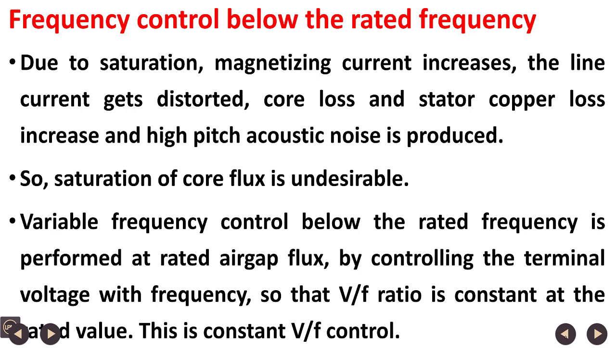So, for the speed control below the rated speed, when the frequency is reduced below the rated frequency, air gap flux is maintained constant at the rated value, and this is done by controlling the voltage, so that the V by F ratio is constant. If V by F ratio is constant, then phi is constant, and that phi constant is rated flux. So, this is constant V by F control.